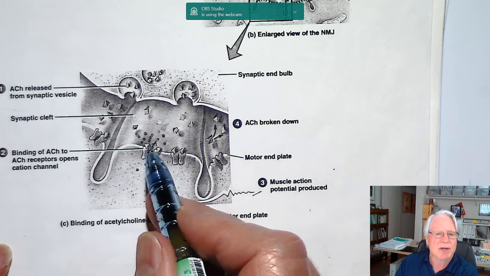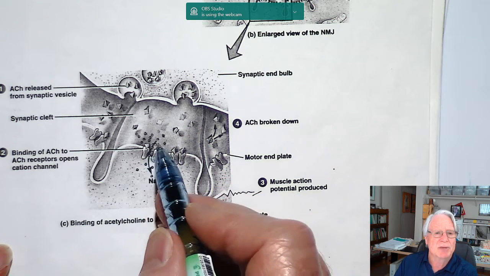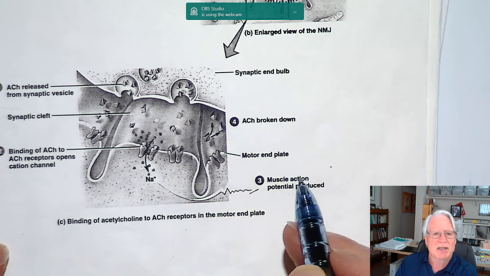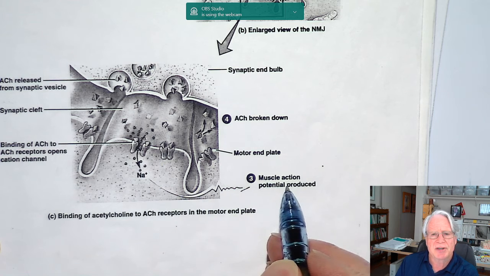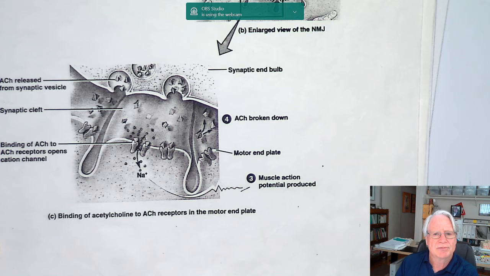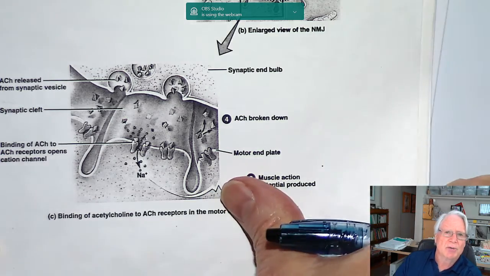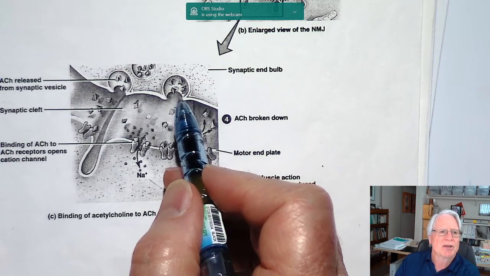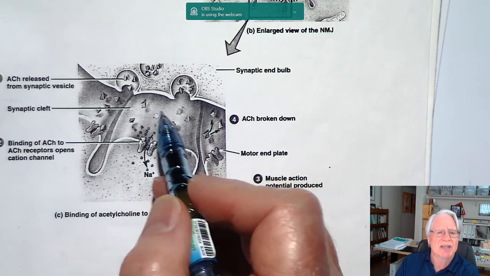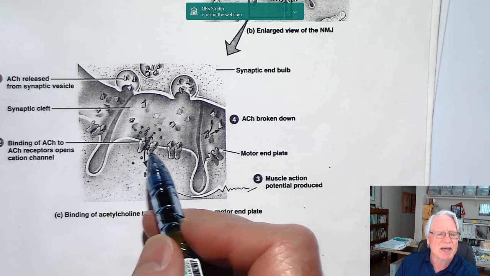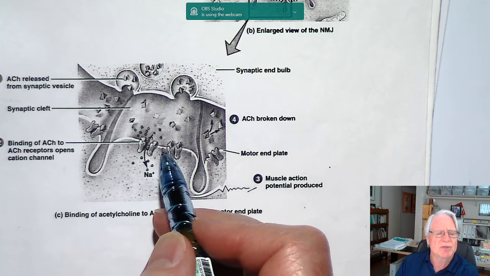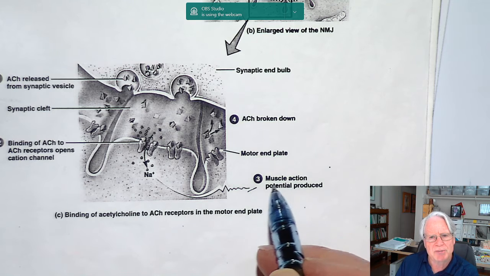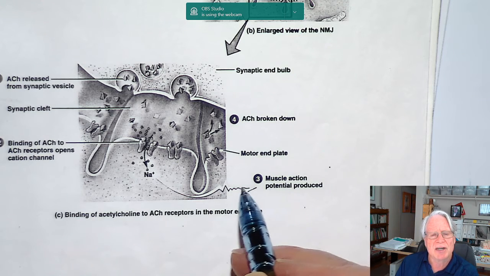And so when we bind that receptor with acetylcholine, the channel opens and sodium will flow into the cell, and that's going to cause our action potential on the muscle cell.